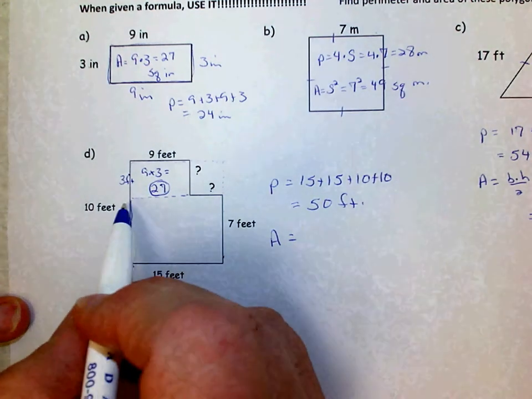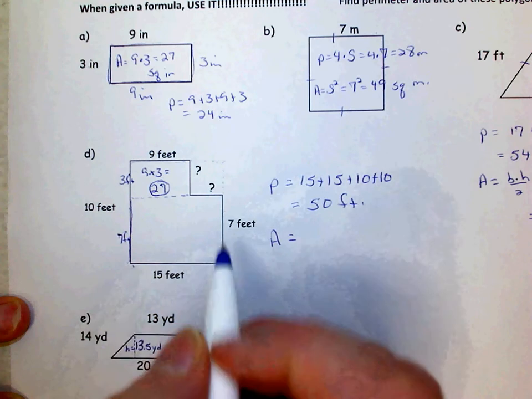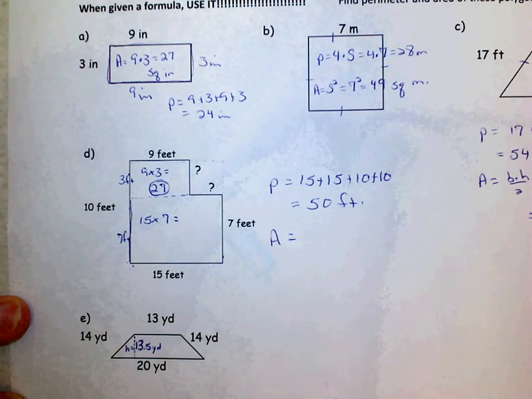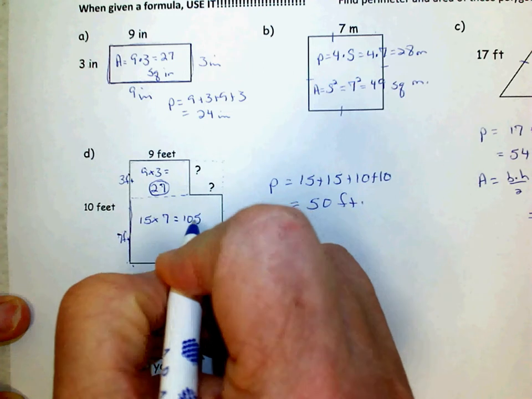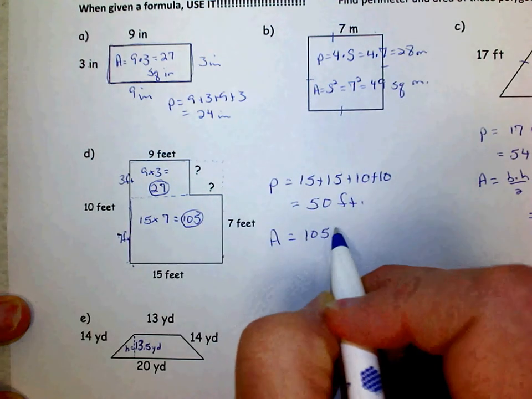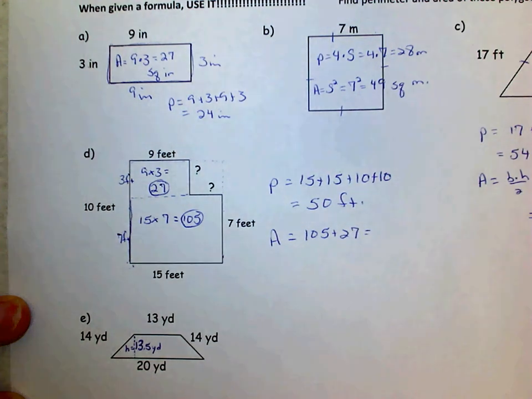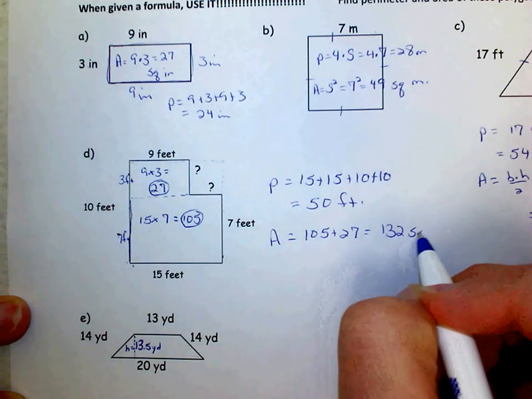Now, we know that's 7, and that's 15, so we take 15 times 7, and I'm going to cheat and use a calculator. That gives us 105. So for our area, we take 105 plus 27, and that gives us 132, and we have to say square feet.